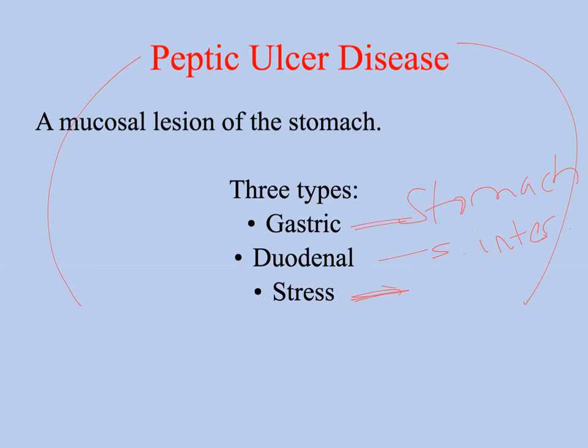Stress ulcers are caused by a patient going through an excessive amount of stress, like a traumatic situation. Sometimes it's a trauma, sometimes it's a surgery. Things like that can cause a stress ulcer, and it's typically gastric when that occurs, and we'll talk about that a little bit more specifically.